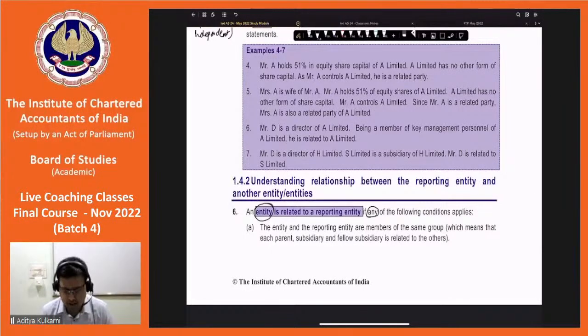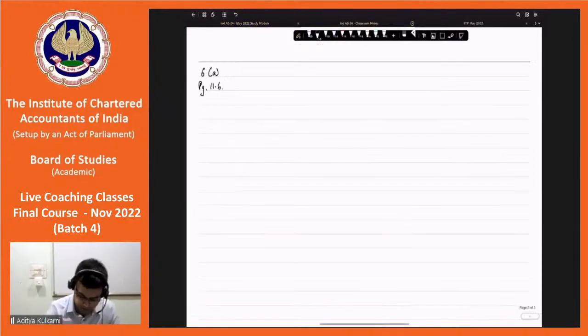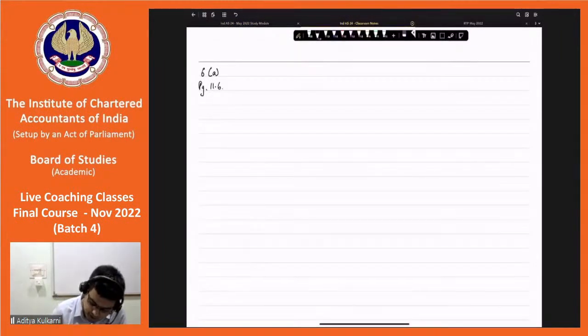So what is the first condition? The entity and the reporting entity are members of the same group, which means that each parent, subsidiary and fellow subsidiary are related to the others. Okay. So now 6A.